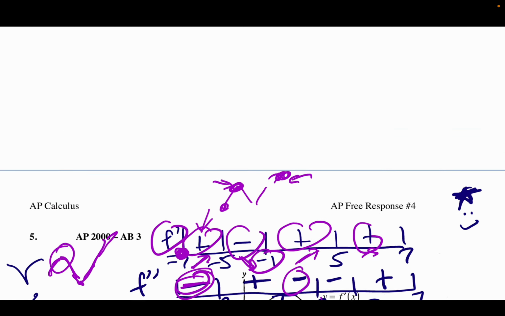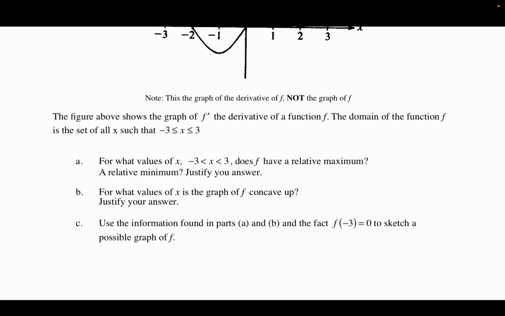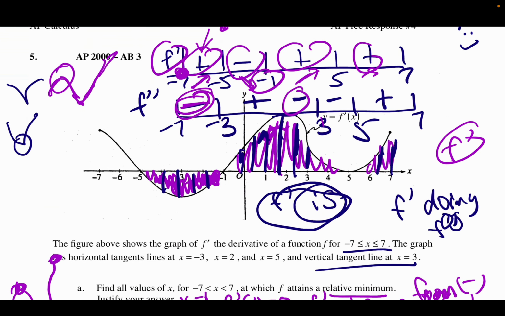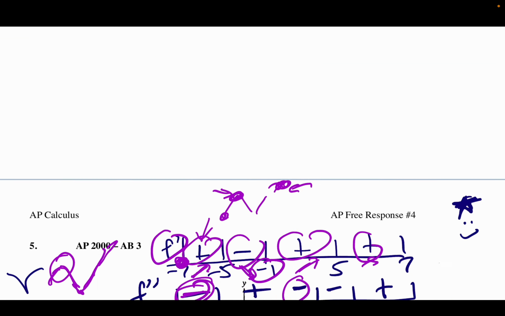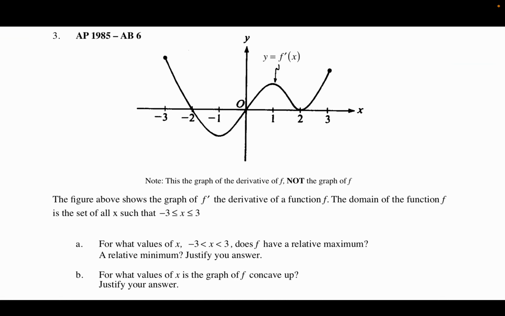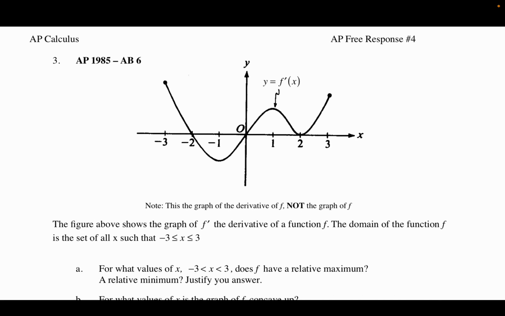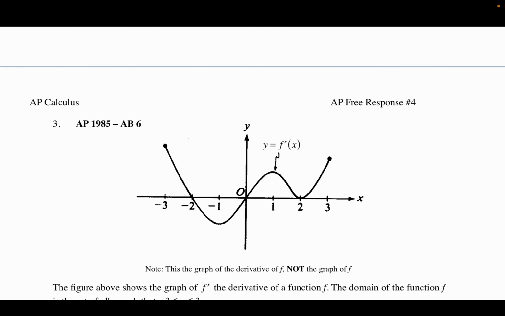All right, now let me find the other one, AB6. I think this is the one we haven't done. Yeah, okay.